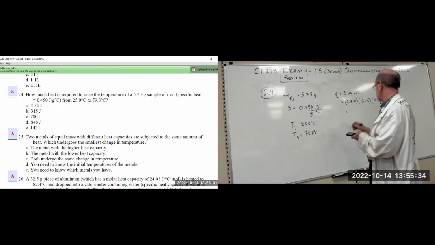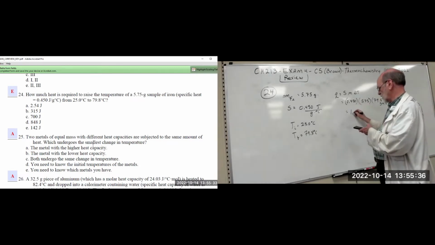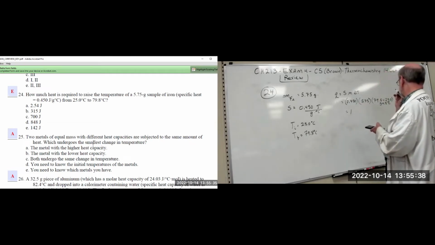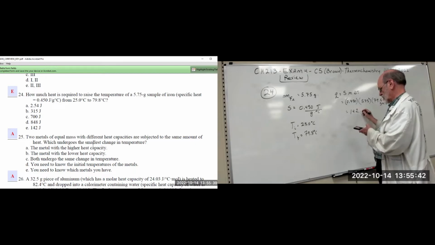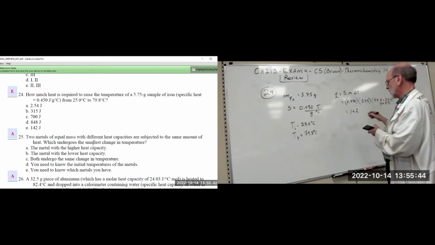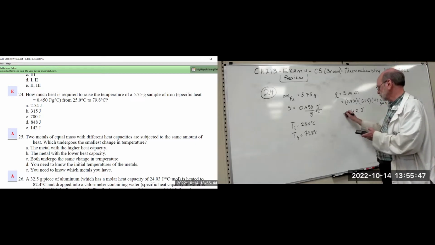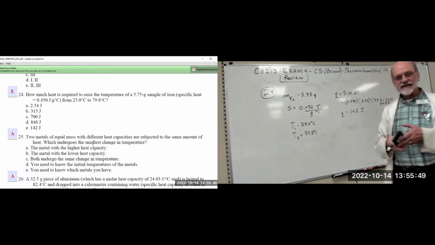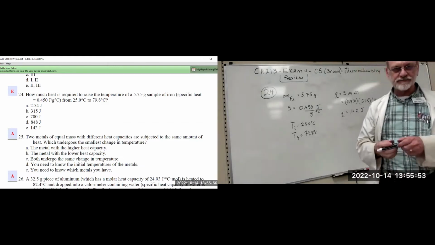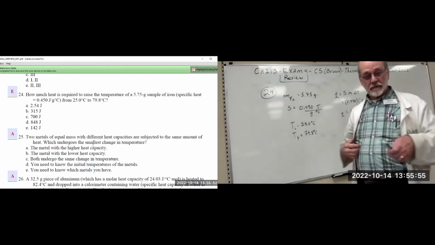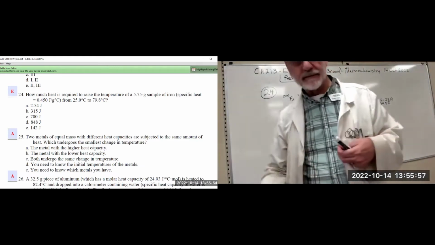And I get, to three significant figures, 142 joules. It takes that much heat to do what the problem says it should do. That's why the answer is E.